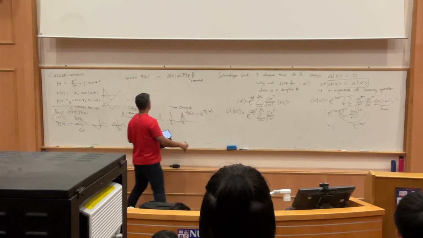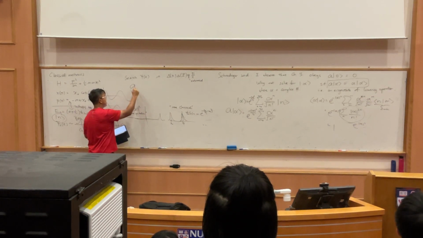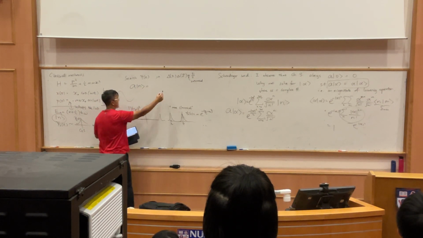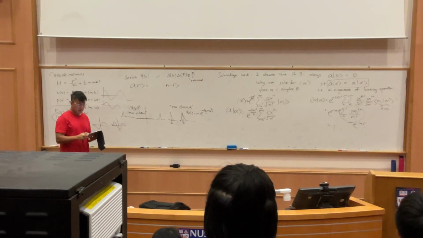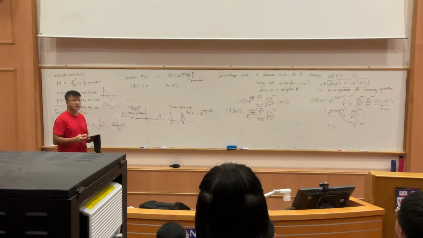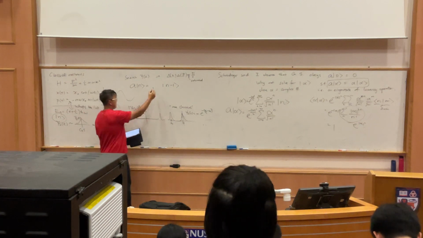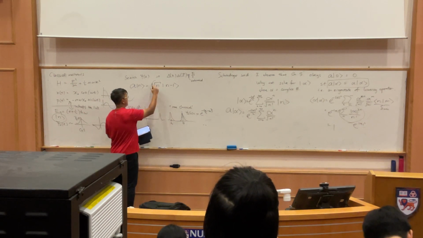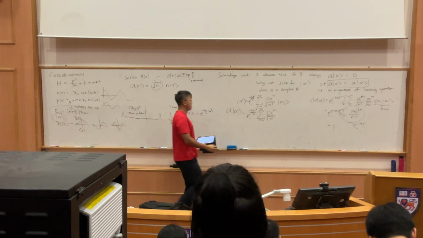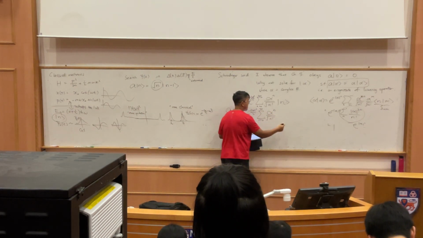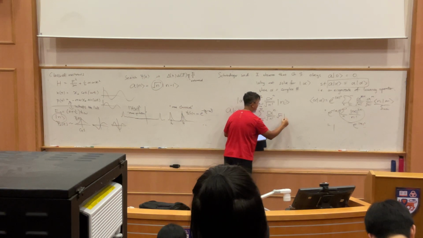But don't forget that if I apply A onto n, yes, I get n minus 1, but I get it up to a factor, right? This is what we derived last lesson. And the factor is square root of n. Don't forget this factor. So A acting on n gives me square root of n times n minus 1.